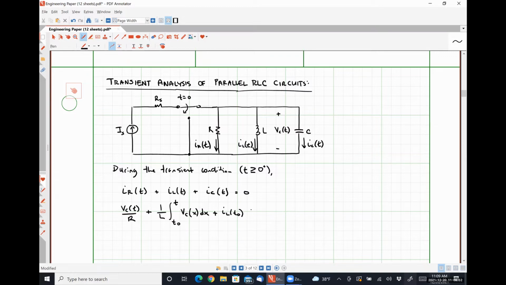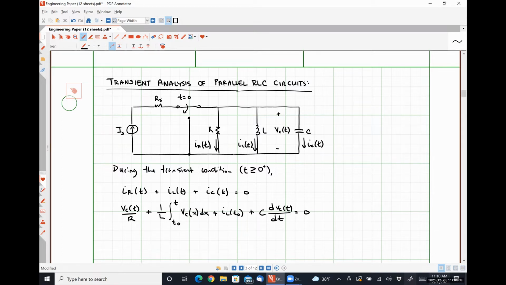And our capacitor current is C times the derivative of our capacitor voltage with respect to time.